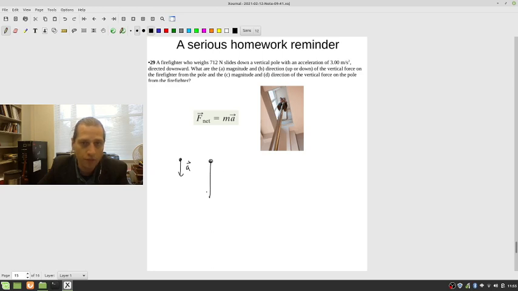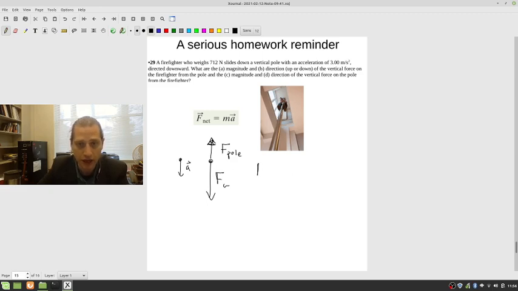Okay, well, he has a force of gravity. The force from the pole has to be pushing up, because otherwise he would simply be accelerating downward at 9.8 meters per second squared. He's not. So there has to be some force up that's slowing his acceleration.